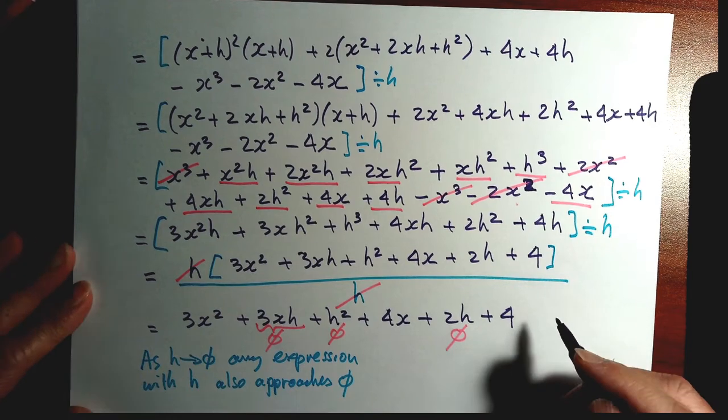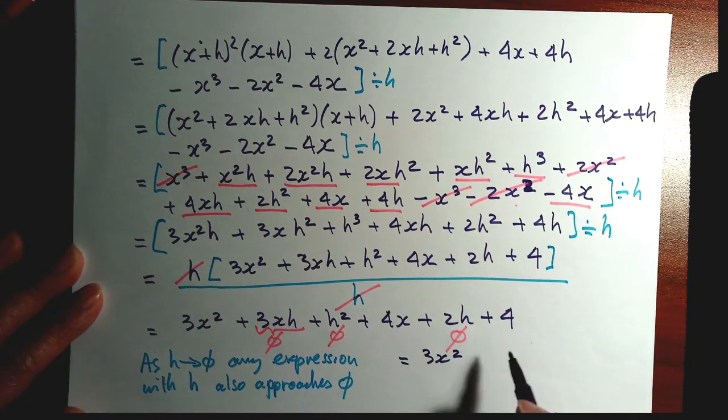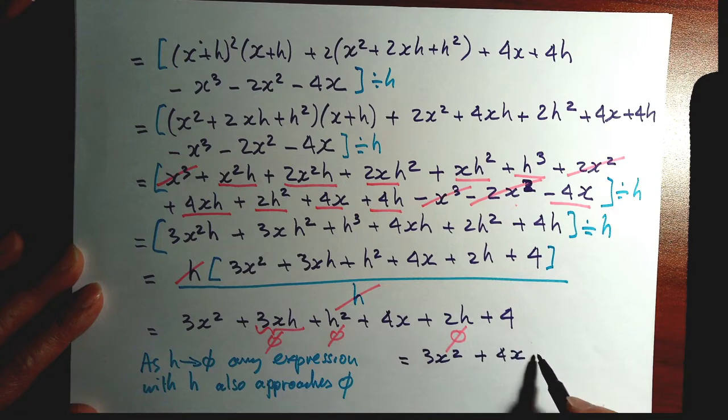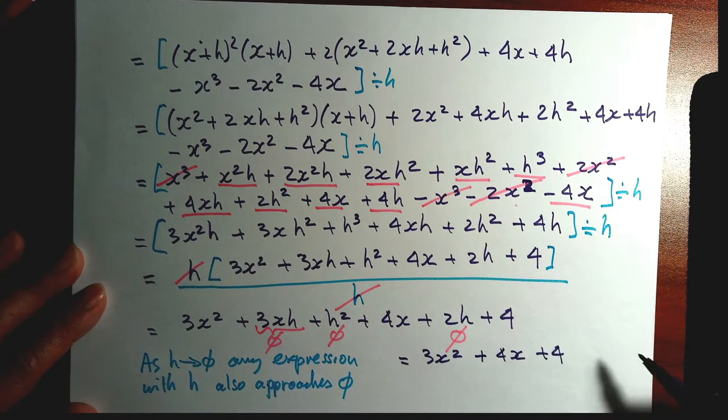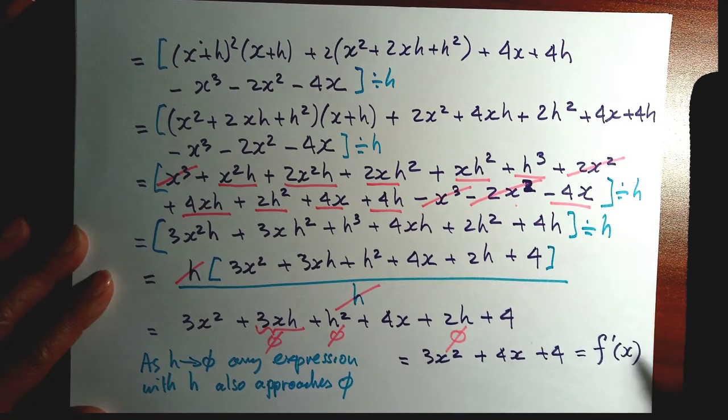Excuse me. Equals 3x squared plus 4x plus 4. And the difference quotient rule says that this is equal to the derivative of f of x, f prime x.